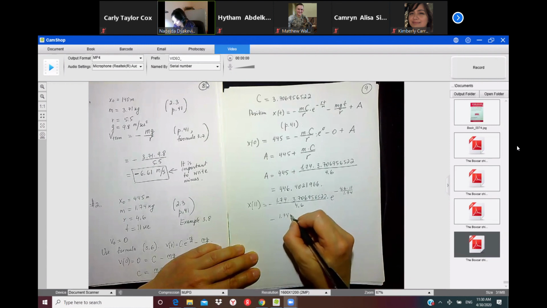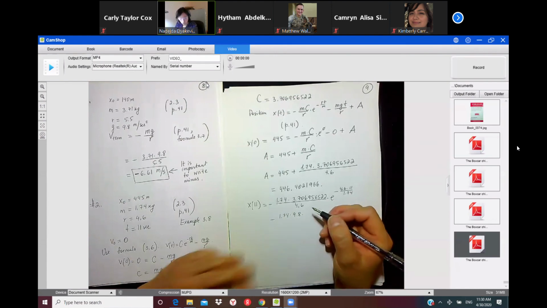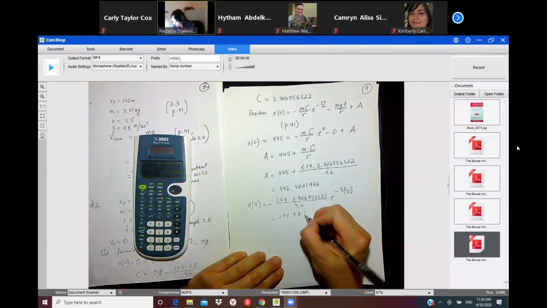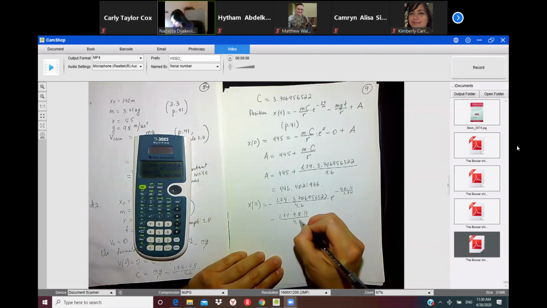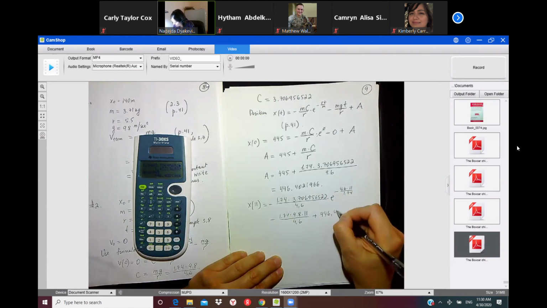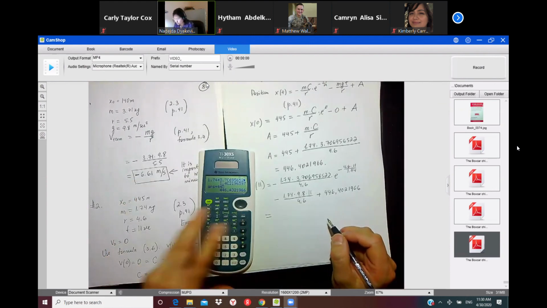Graphing calculator would probably look good in this case. Use your graphing calculators, or scientific is fine as well, should work fine. 11 here, 4.6, and plus this A here, 446.4021966. And that's pretty much what we have to do.